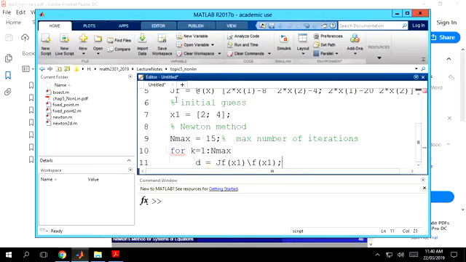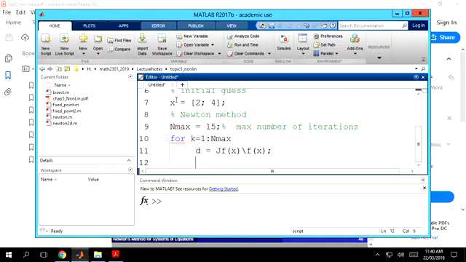And then, maybe I don't have to write x1, you just write x, because I will reuse it again and again. And x is x plus d. But then I forgot the minus.